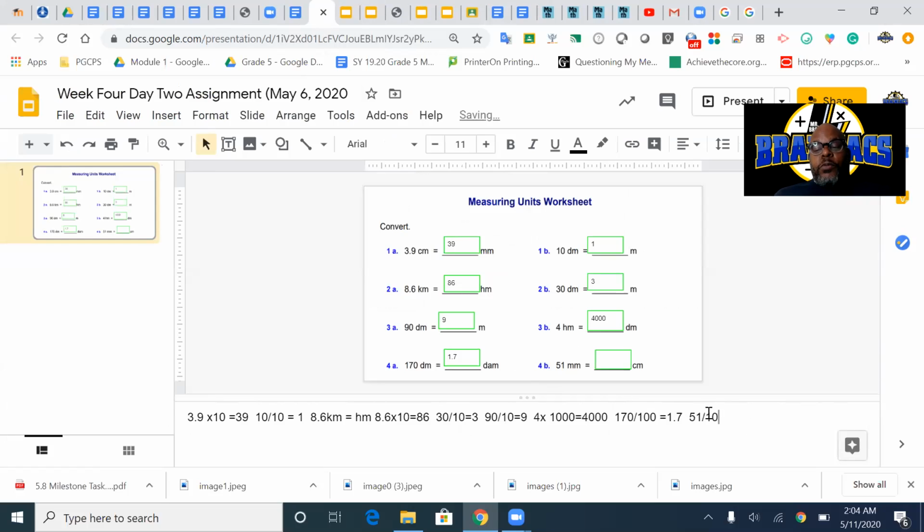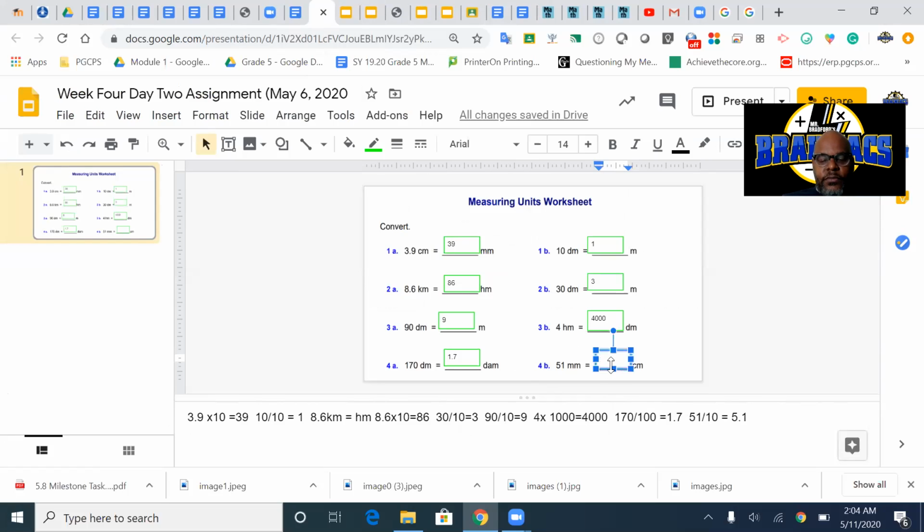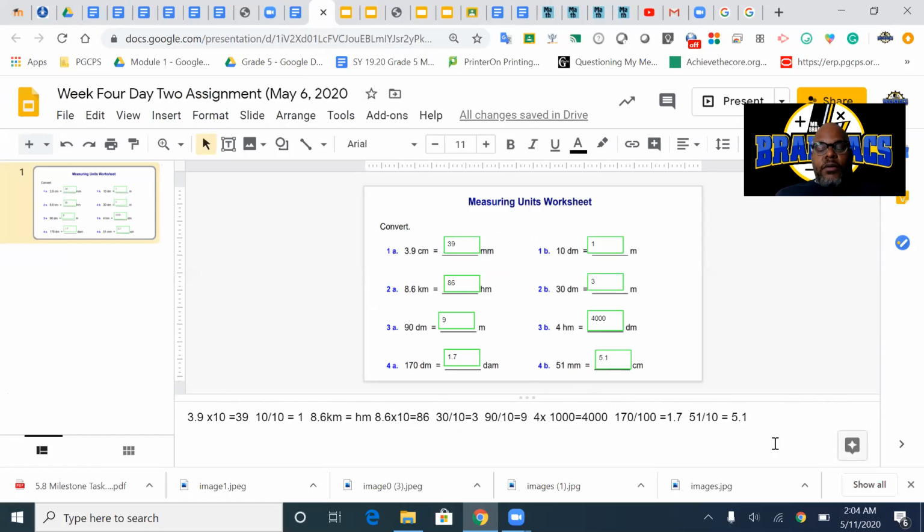We're moving the decimal place 1 place over to the left equals 5.1. Man, awesome job. Take a second, make sure you have these answers down. You can pause the video right now.